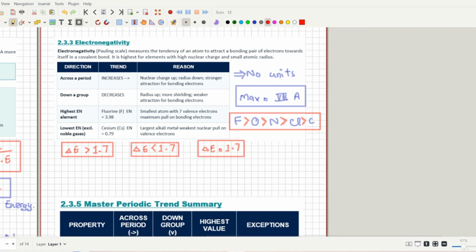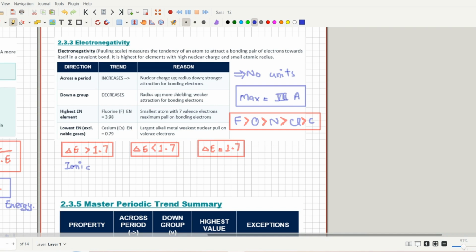For example, take two elements like sodium and chlorine. They have an electronegativity difference higher than 1.7, so they will form an ionic bond. So if the electronegativity difference is higher than 1.7, it will form an ionic bond. If the electronegativity difference is less than 1.7, then you have two cases.